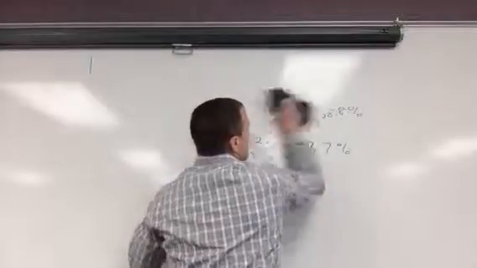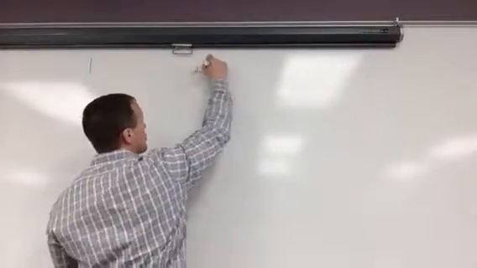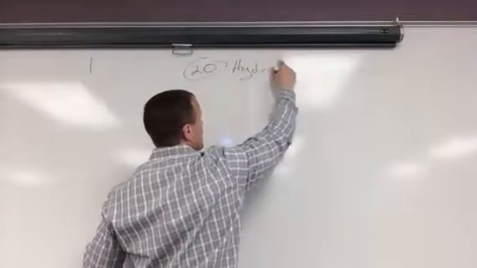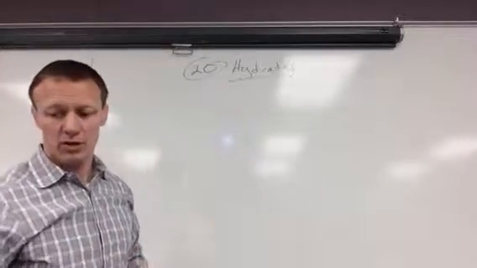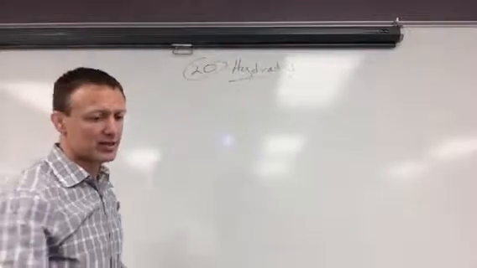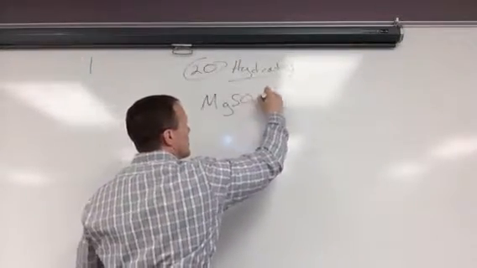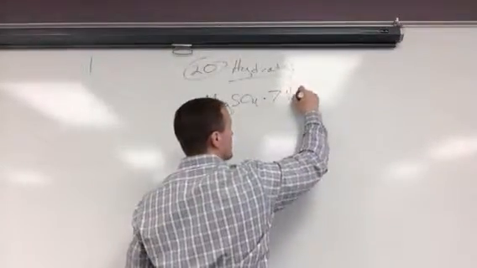Number 20 in your notes is talking about hydrated compounds. It's talking about hydrates. Okay, and hydrates are compounds that have some water attached to them. So I've got one here, magnesium sulfate heptahydrate. That's the example that's in your notes. So it's magnesium sulfate hepta, which means 7, hydrate.